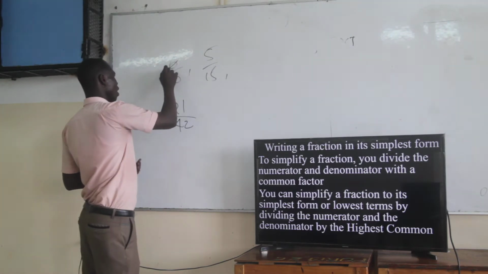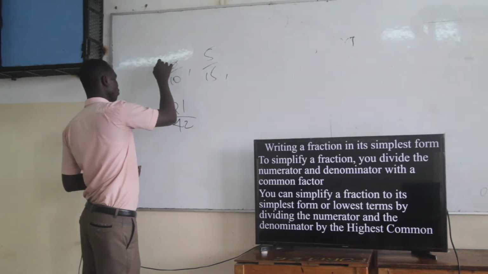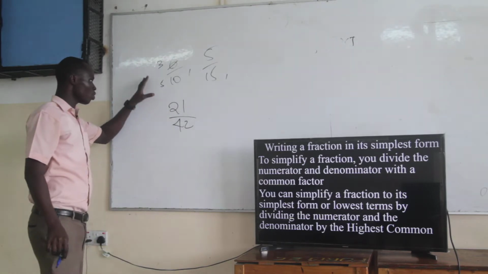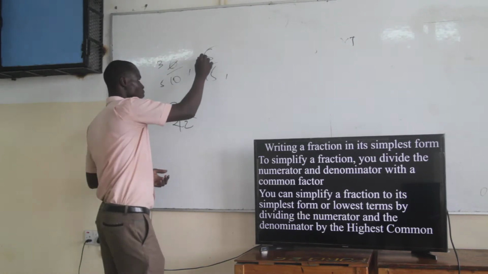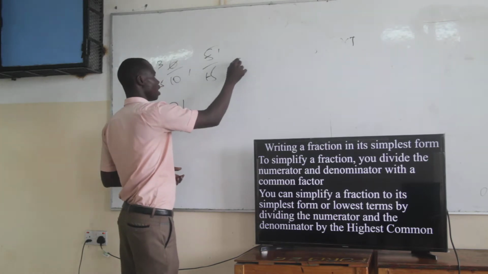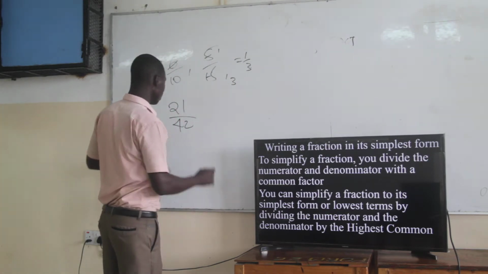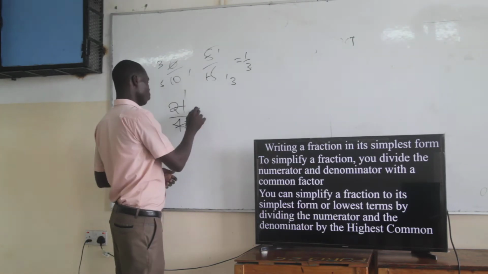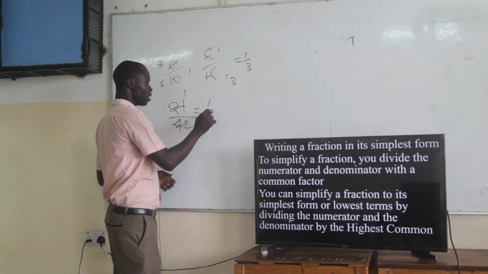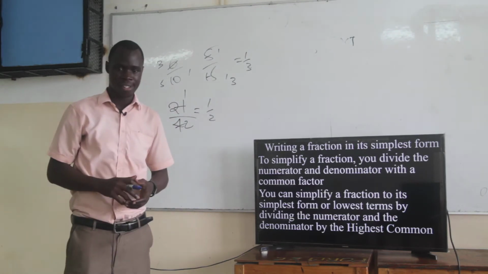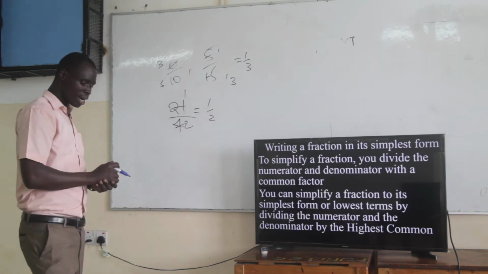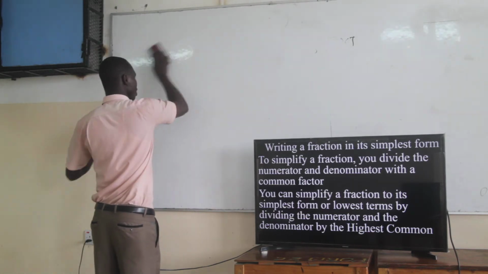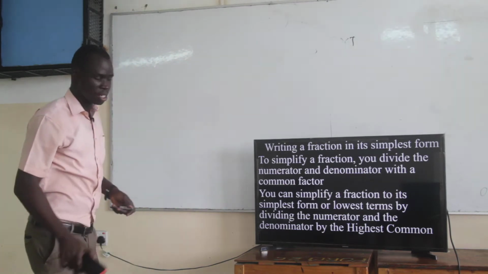For example, 2 goes into 6 three times and into 10 five times, so eventually I have 3 over 5. 5 goes into 5 once and into 15 three times, so I have a third. 21 goes into 21 once and into 42 twice, so this gives us an answer that is a half. That's what we call expressing something in the simplest form.